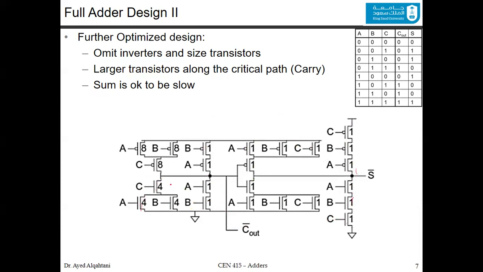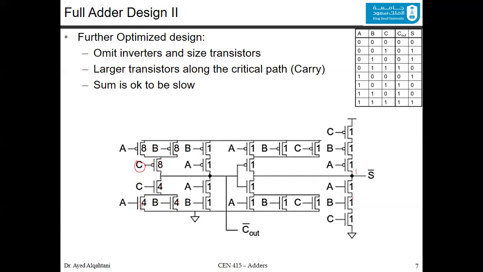So here we did the proper sizing, and even we make it even larger, where here you have 4 and 4, and this is better with this, so it's 4, and here we double everything, 8, 8. Only because we care about the carry in. So this way we optimize it. The sum is okay, it's not a bottleneck for us, so we left it with the minimum sizing, which is equal to 1.